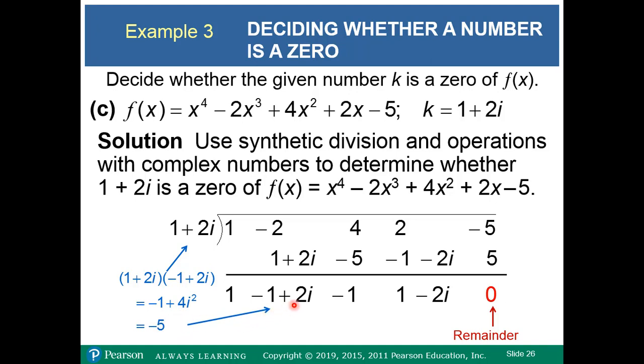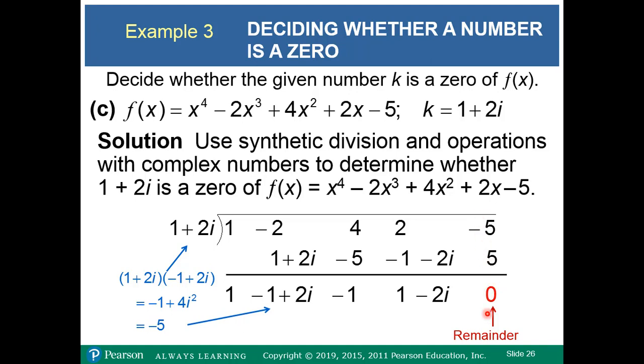Okay, and so now we're going to get minus 5 here, and we go through the process again. So we're going to get negative 1, and then this is going to be 1 times negative 1. We're going to get negative 1 minus 2i. Okay, and if we add these, we get 1 minus 2i. And in this case, we're going to get positive 5 when we multiply them together.